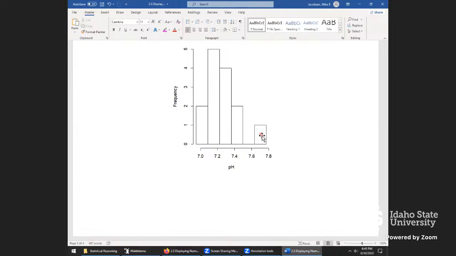If we put an observation, say, right here on this one, there's just a tiny gap between it and the main body of the data over here. So we can say small gap, and this one would not be an outlier.